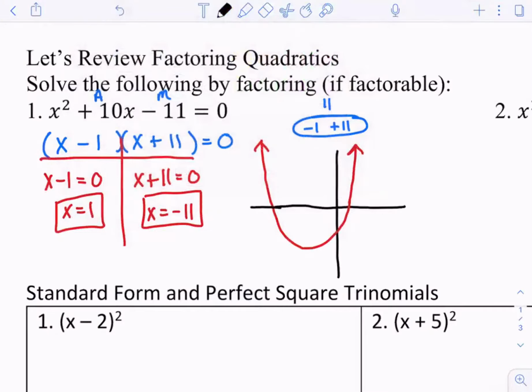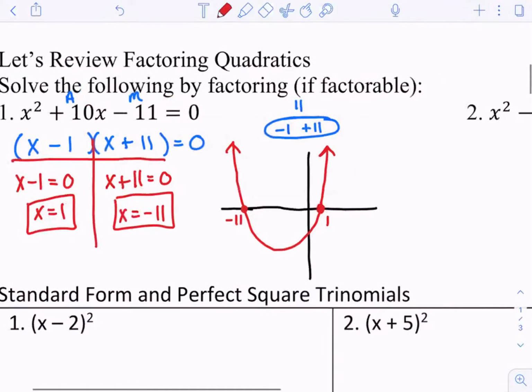Because it's a positive x squared, and here would be a positive 1, and here would be a negative 11. Those are my roots, or if I solve, those are the solutions of this equation. Another word we say is roots, zeros, or solutions. Those are all the same words that we could use here.